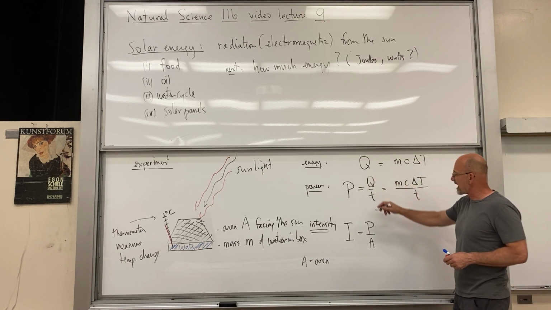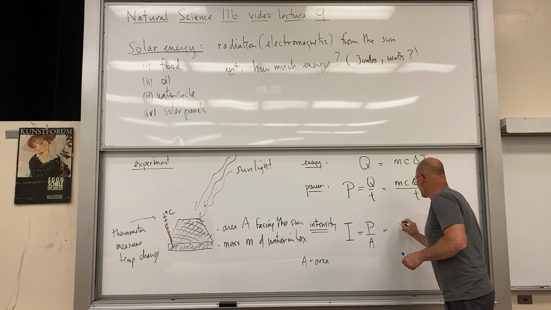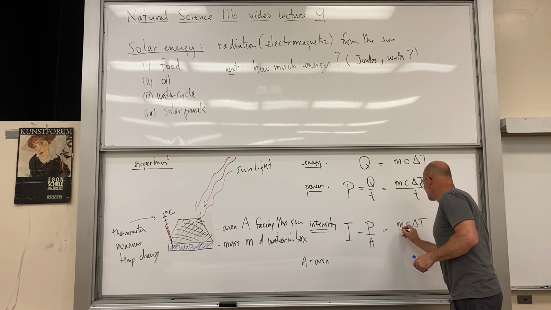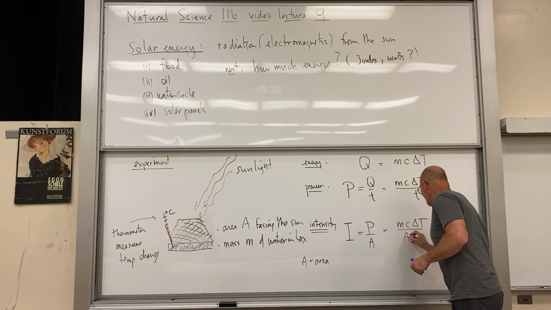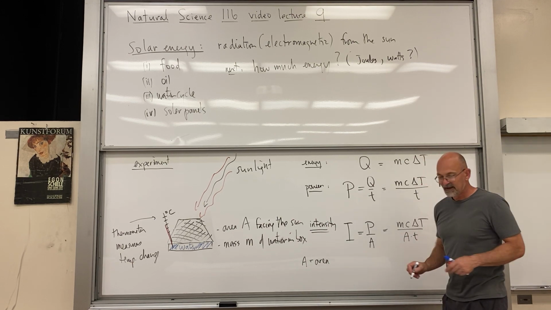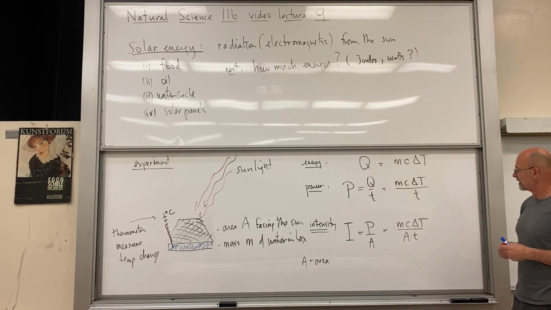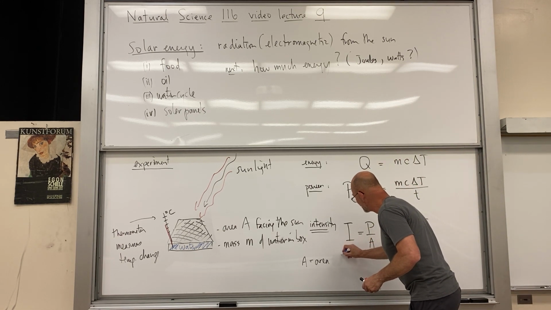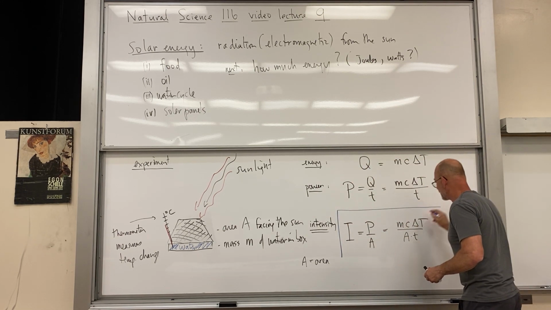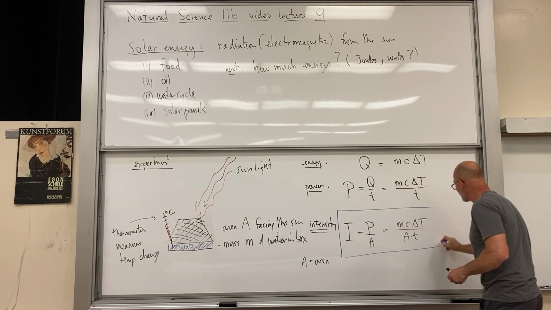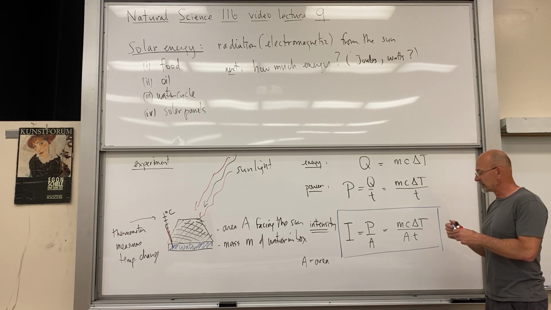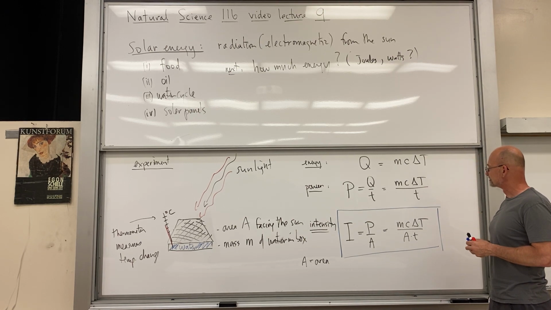So I already have the power, and I'll just write mcΔT over A times t. Let's put a box around this one. This is not a formula to memorize. This is a progression of ideas that we've already studied.